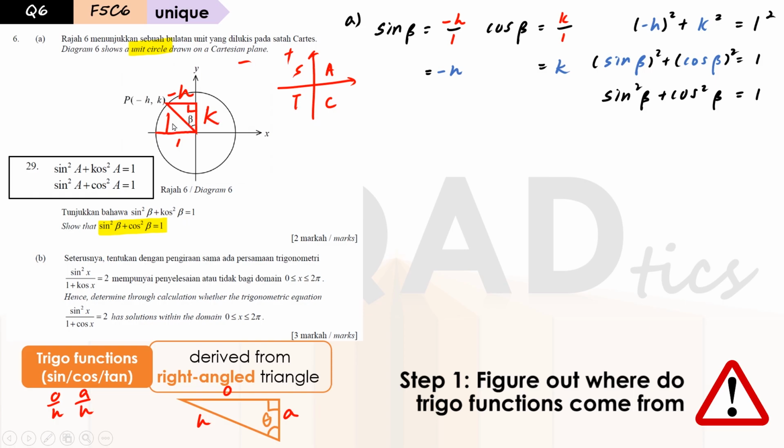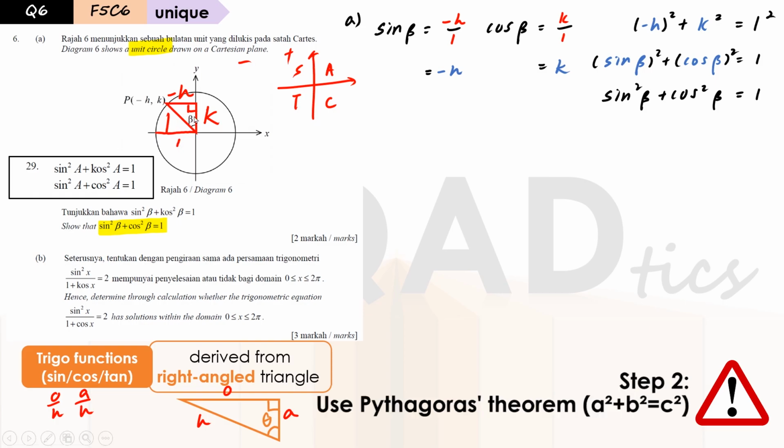The second step is, from the right angle triangle, we form an equation using the Pythagoras theorem. The third step, we find the values of the trigo functions, which are sin beta and cos beta. And the last step is to combine the information and the equation that we have, substitute the trigo functions, and get our formula.